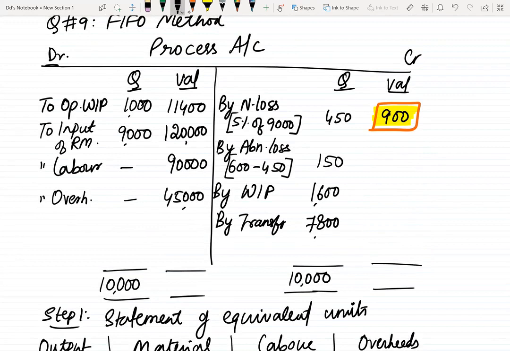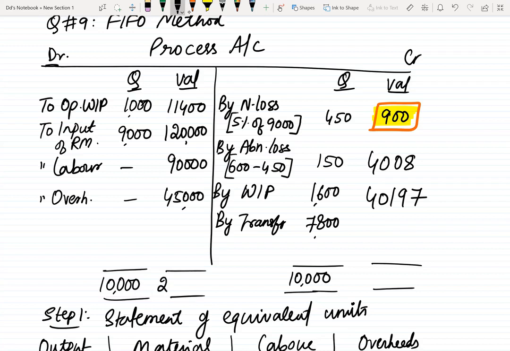Abnormal loss was 4008 and closing WIP 40197. Right, now before filling transfer, you just see whether your answer is correct or not. Do the debit side total: 11,400 plus 1,20,000 plus 90,000 plus 45,000.